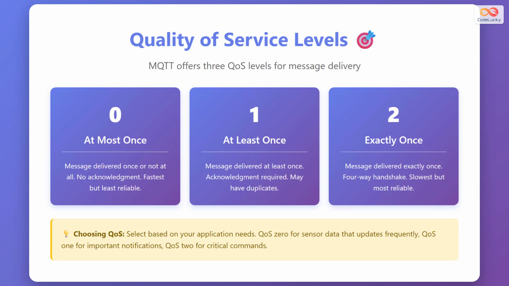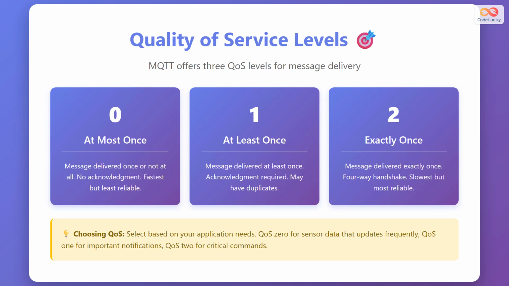MQTT offers three quality of service levels for message delivery, known as QoS levels. QoS 0 is called at most once, where the message is delivered once or not at all with no acknowledgement. It is the fastest but least reliable option. QoS 1 is called at least once, where the message is delivered at least once and acknowledgement is required. However, there may be duplicates.